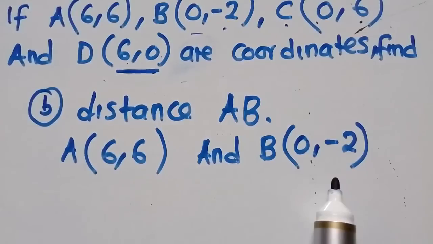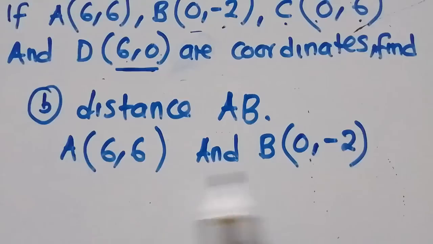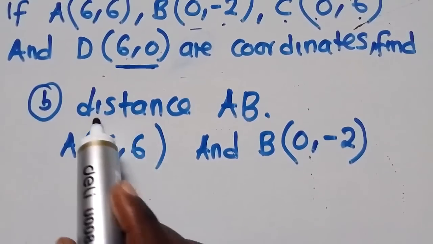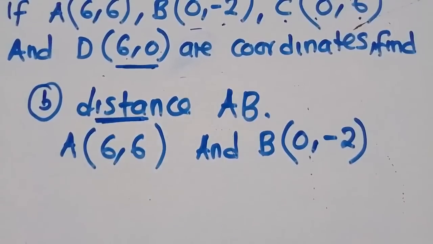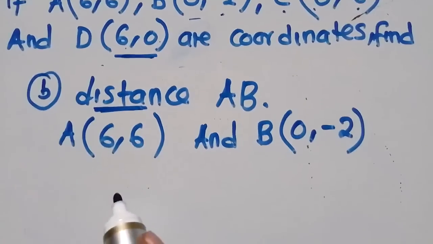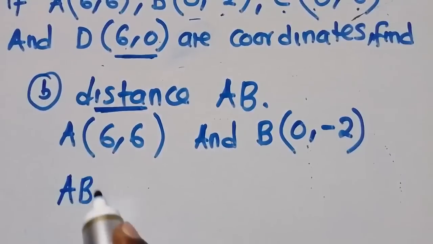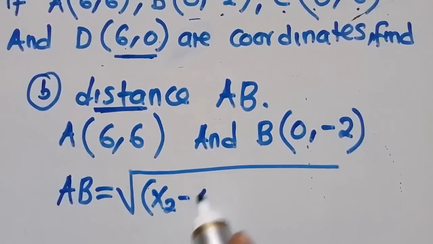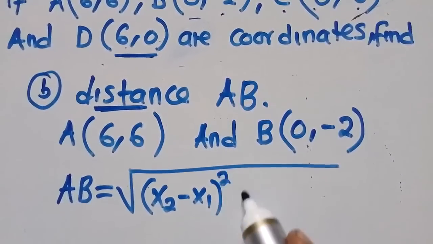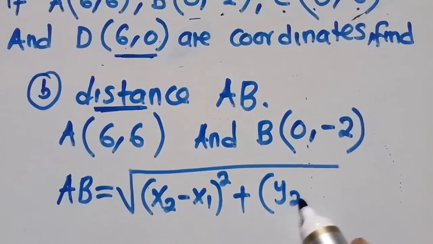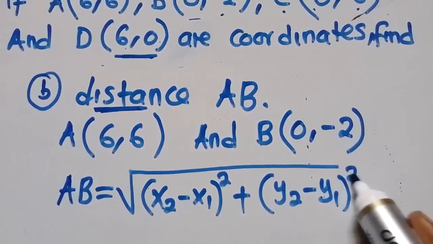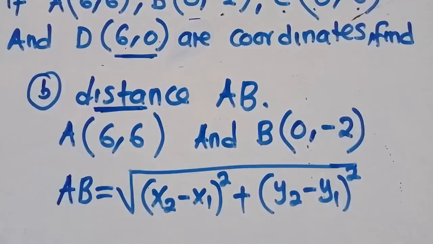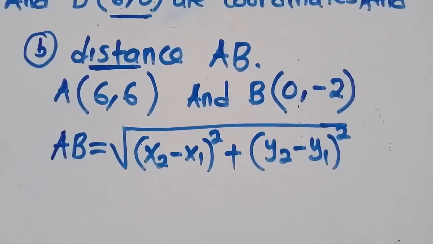The next thing that you need to do now is to write the formula for distance. You need to make sure that you know the formula you need to use. AB is equal to the square root of (x2 minus x1) squared plus (y2 minus y1) squared.